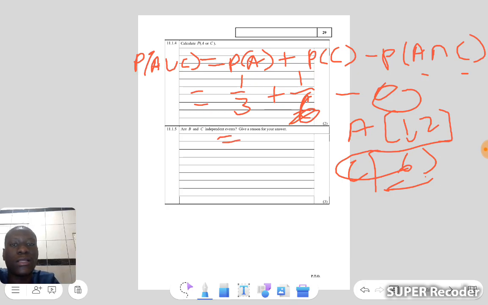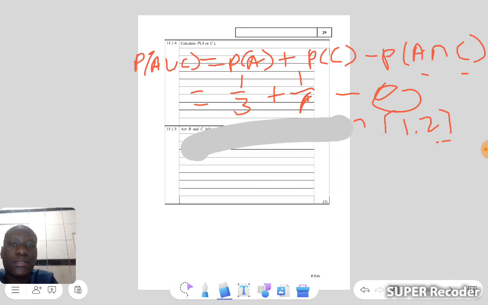So our final answer has to be 1 over 3 plus 1 over 6, that is 1 over 2. That's our answer for 11.1.4. Let's make a space again.